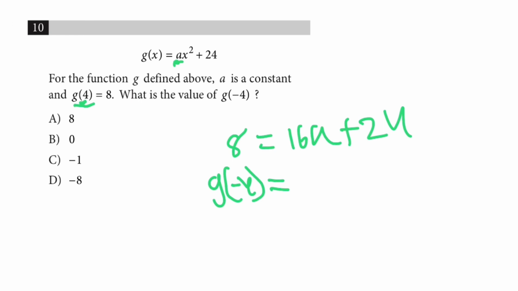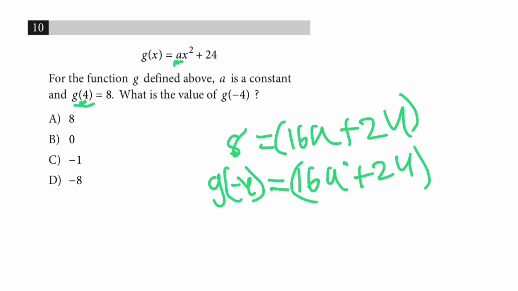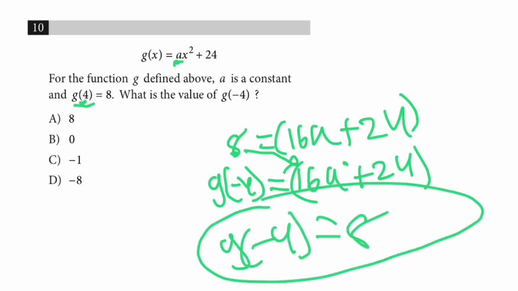But all we got to do here is plug in negative 4 for x, and we'll get that 16a plus 24 is equal to g of negative 4. But here you can just do some substitution, and you can say, oh, well, this equals 8. So I can just plug in 8 here, and it'll be the same thing. So g of negative 4 is equal to 8. There you go. Your answer is A.